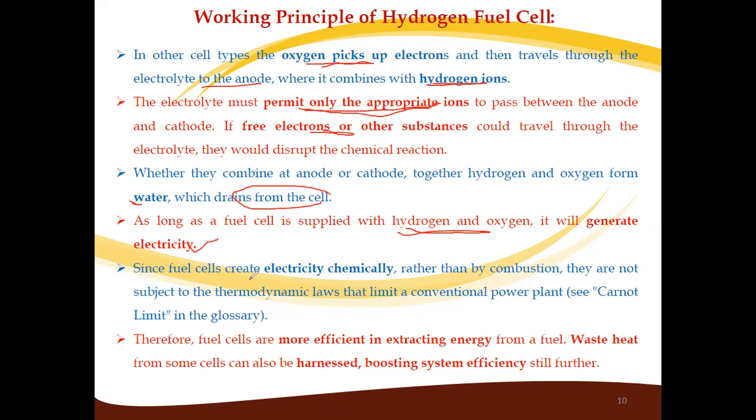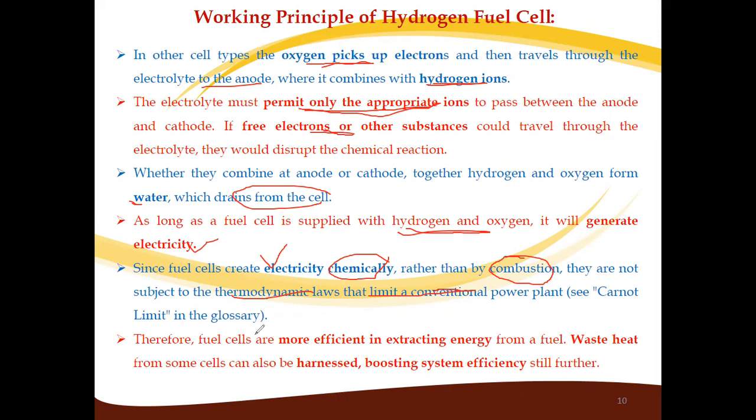Since fuel cells create electricity chemically rather than by combustion, unlike fuels like petrol, diesel and coal, which we have to burn, they are not subject to the thermodynamic limits of a conventional power plant, like the Carnot cycle limit, because they produce electricity by chemical reaction.